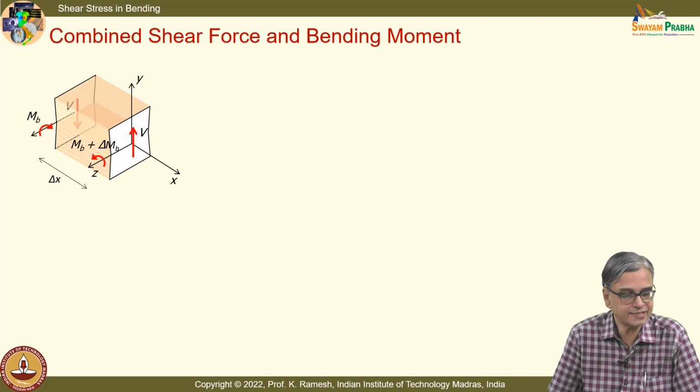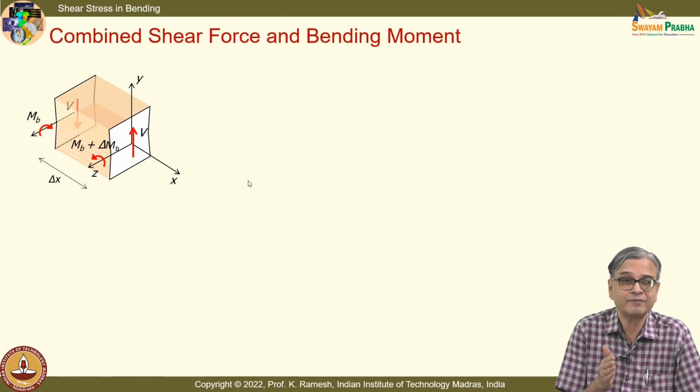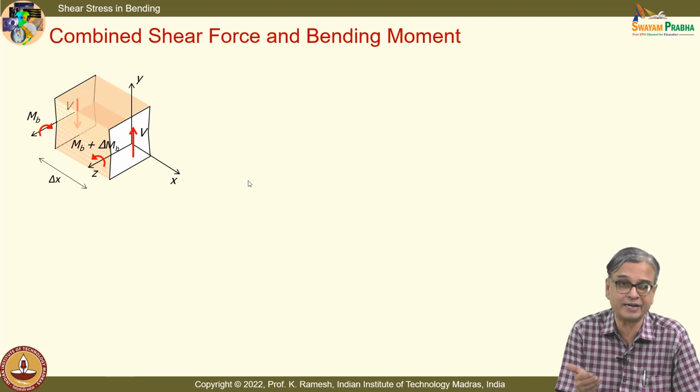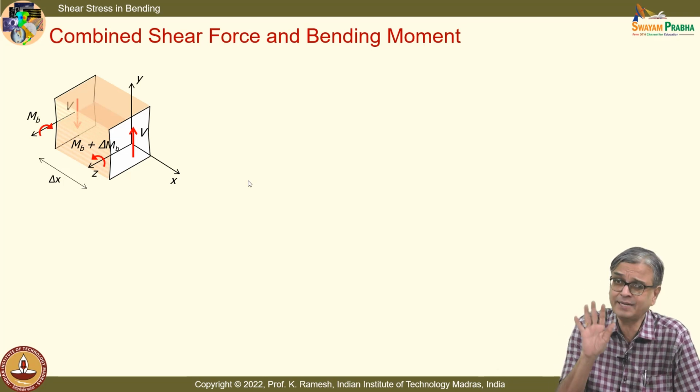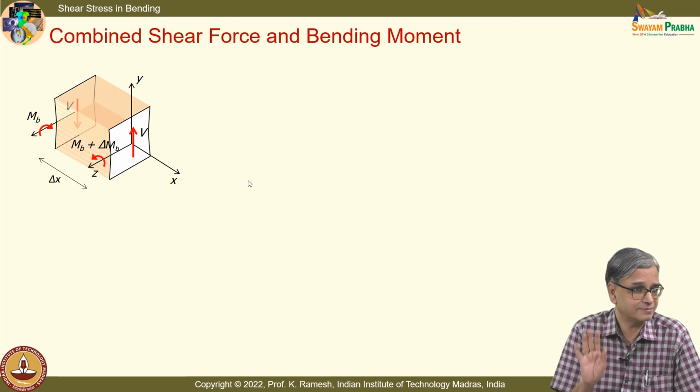So, what you find is the bending moment varies, and now if the bending moment varies, we have already said to find out the stresses due to bending, simply use the bending moment at that cross section, use the Flexure formula. That freedom we have given. Fine.